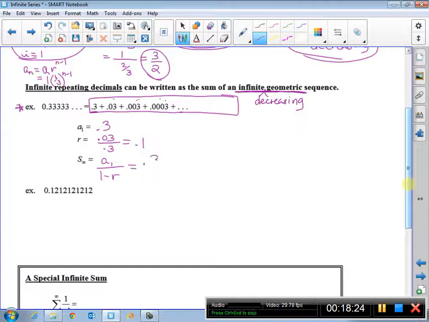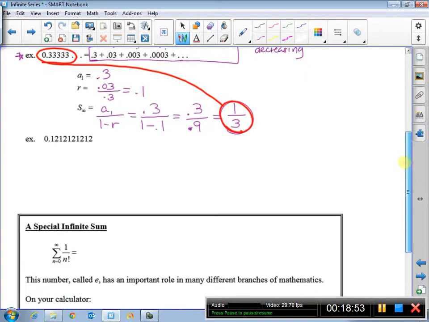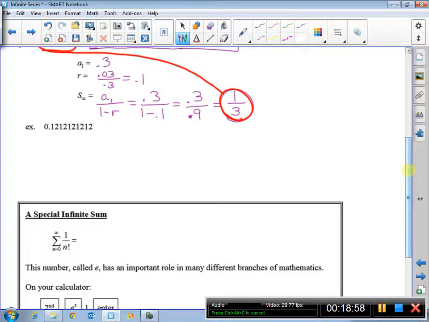So we have 0.3 over 1 minus 0.1, or 0.3 over 0.9. And if you need to use your calculator, go ahead. I'm just going to move these decimals out. I get 3/9, and that becomes 1/3. You should recognize that 1/3 is 0.333333 repeating. So it's kind of cool. We can use the formula for the infinite geometric decreasing sequence to express repeating decimals as fractions.